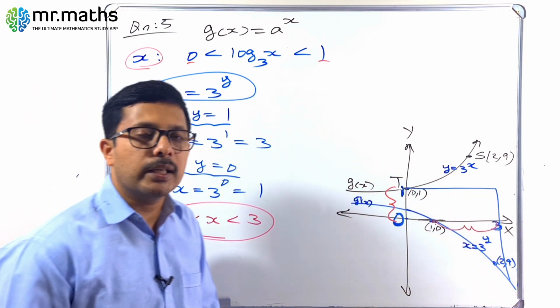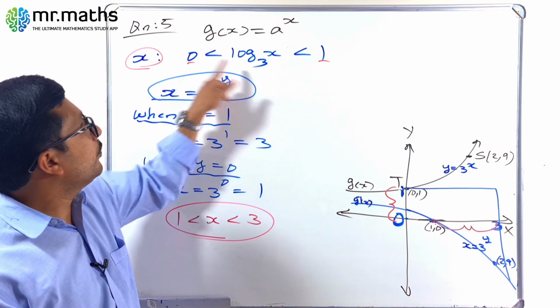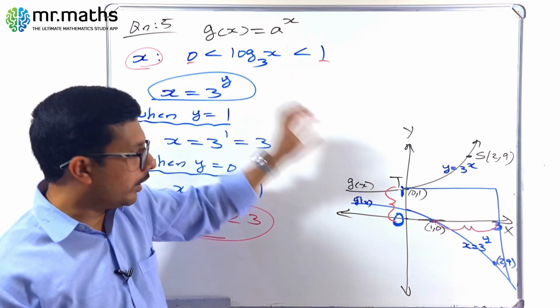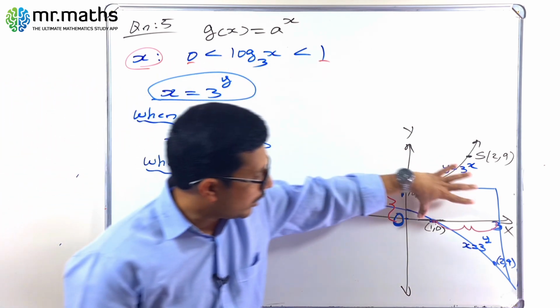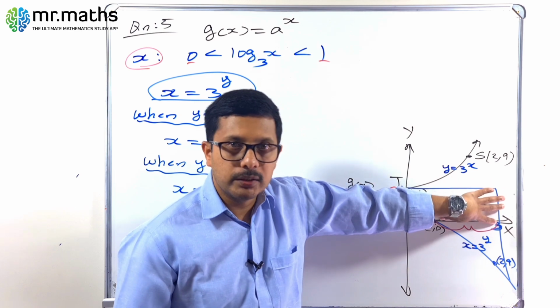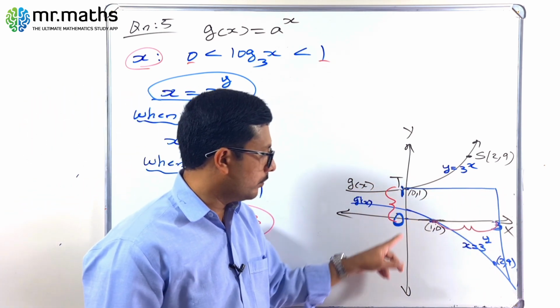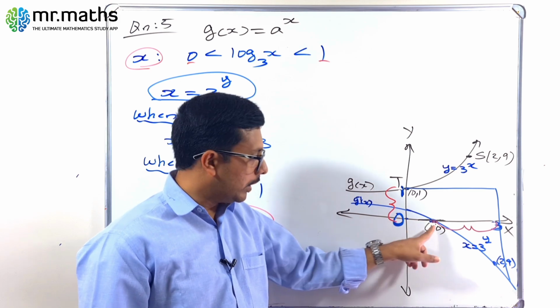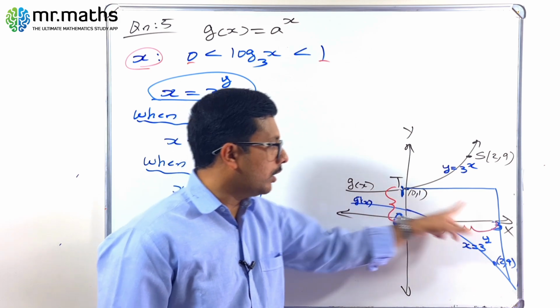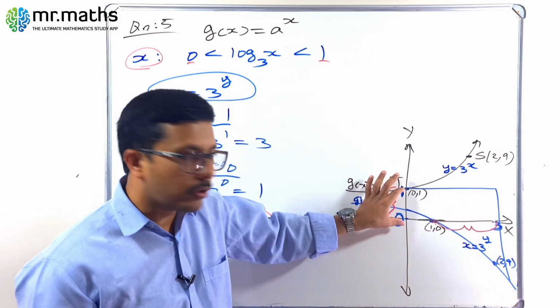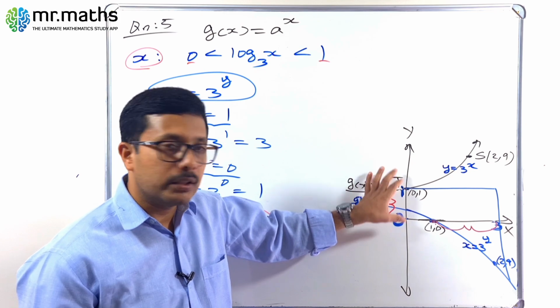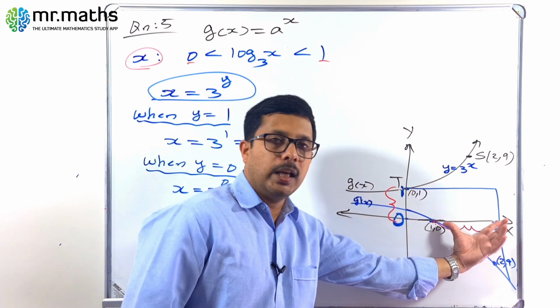So when y is between 0 and 1, the x values are between 1 and 3. When y is 0, x is 1. When y is 1, x is 3. So between 0 and 1 for y, the x values are between 1 and 3.